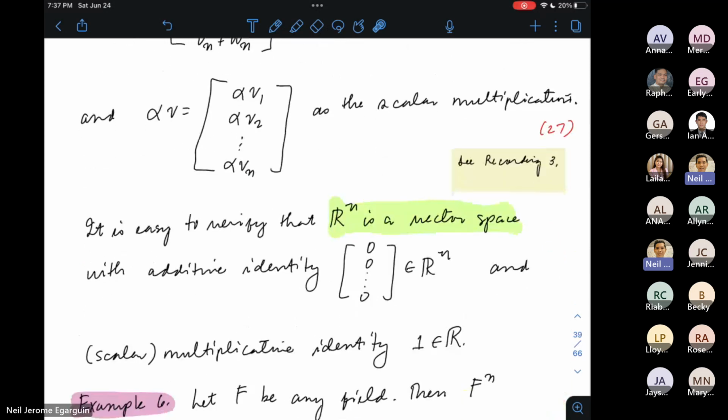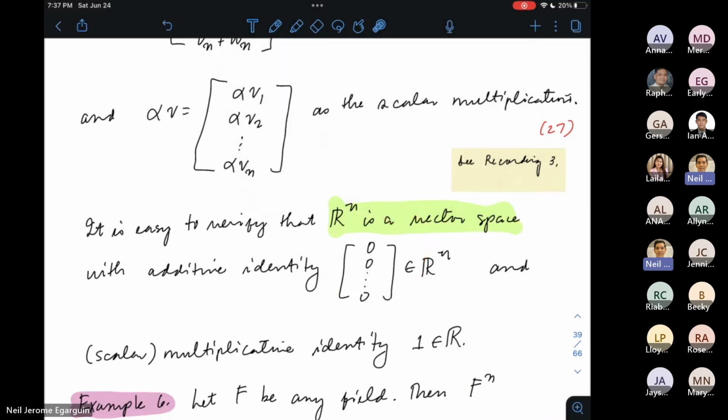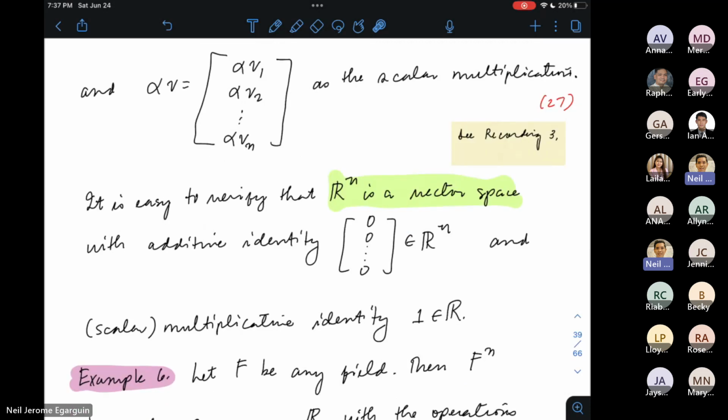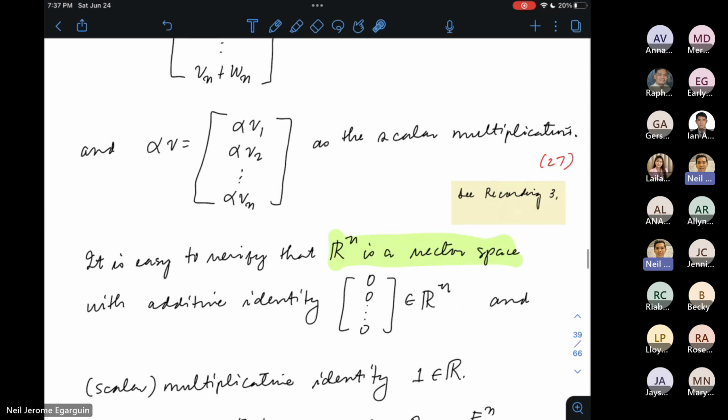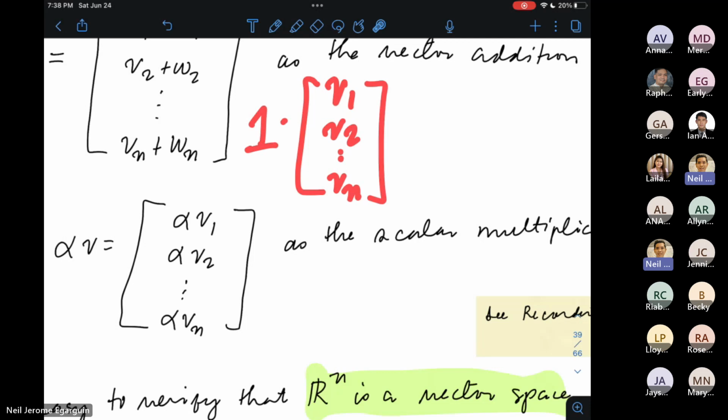So the additive identity, the zero vector, is the literal zero vector we know from physics or calculus. The multiplicative identity, the identity under scalar multiplication, is the real number 1. When you multiply the real number 1 by any vector, the answer is still that vector, because this is the definition of scalar multiplication. So if you have a vector v, say v1, v2 until vn, and you scalar multiply it by 1, the answer is v1, v2 until vn again.